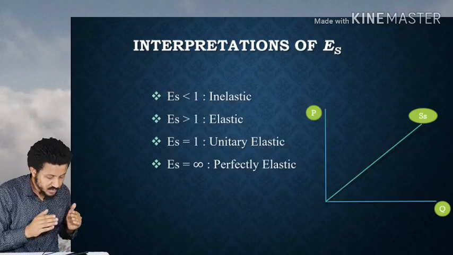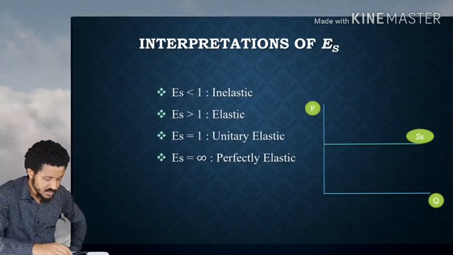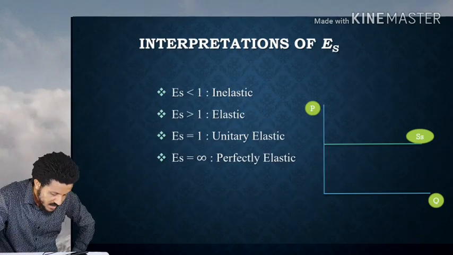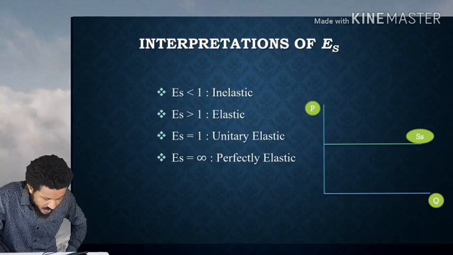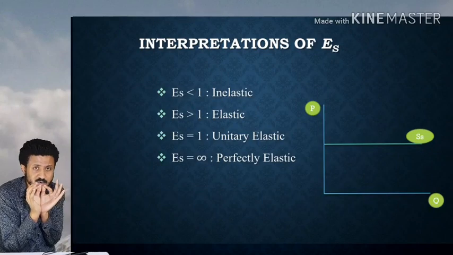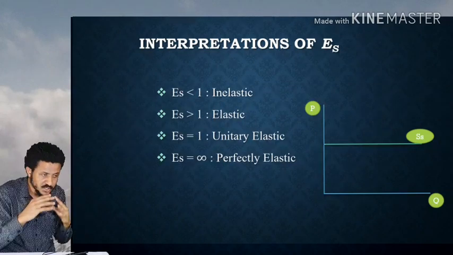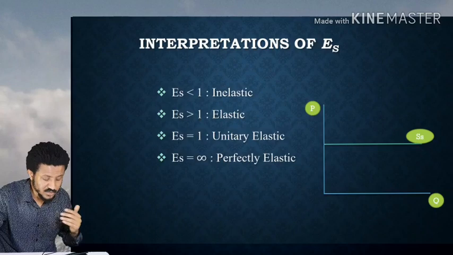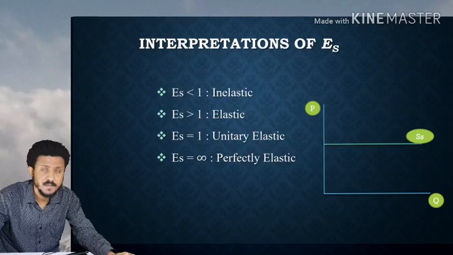Let's see the differences: this is a perfectly elastic supply curve, horizontal. For a tiny price change there is going to be an extreme change in quantity supplied. The percentage change in price is 0 or 1%, while the percentage change in quantity supplied could be a huge number of millions. So that is going to be infinite, and the supply curve with infinite elasticity is horizontal.